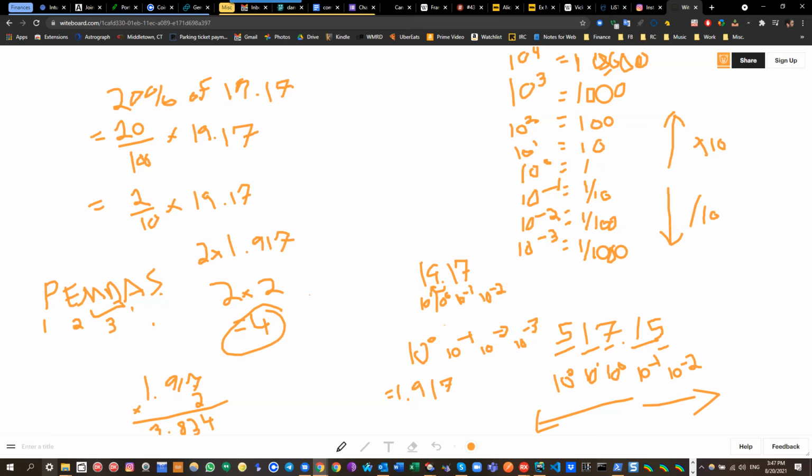Did I do that right? Is that right? Yeah, that makes sense to me, because this is slightly less than 2, so the result should be slightly less than 2 times 2, which it is. 3.834 is slightly less than 4, so that makes sense to me.